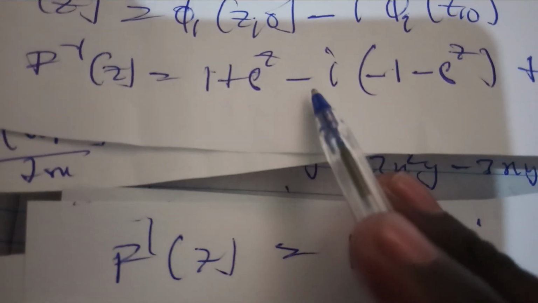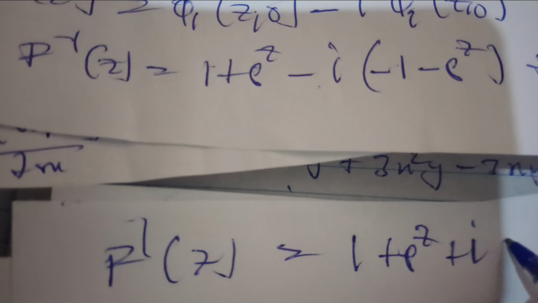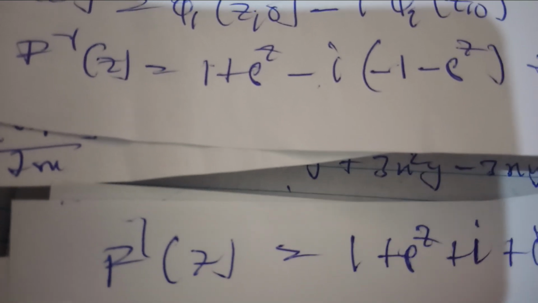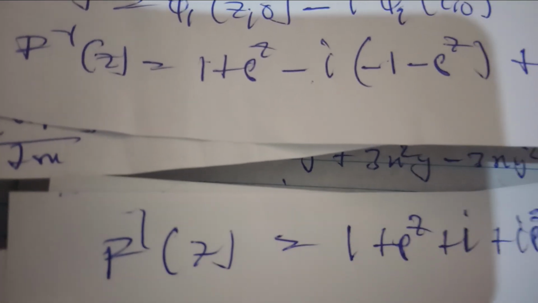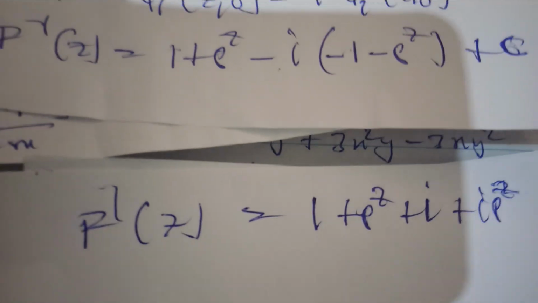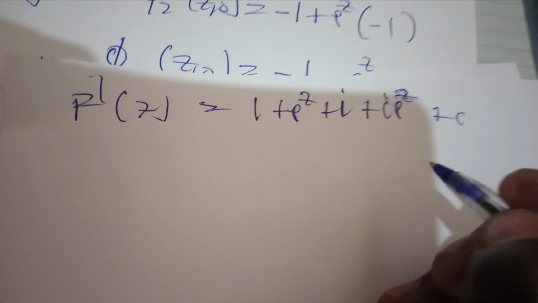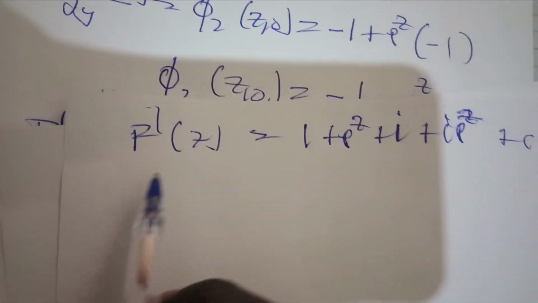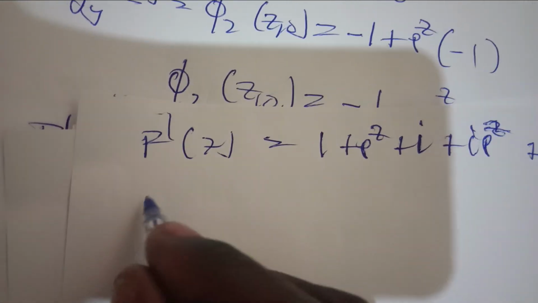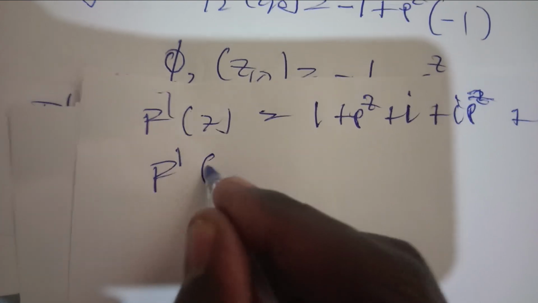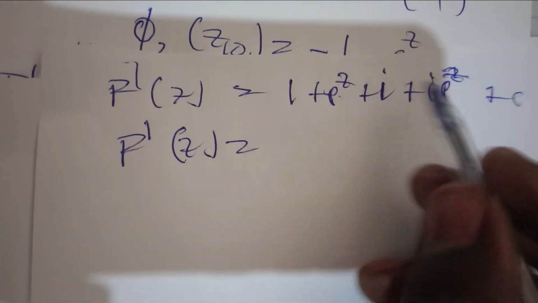Again, negative i times negative e to power z will be positive i e to power z, plus c. Before we integrate, we can collect like terms.